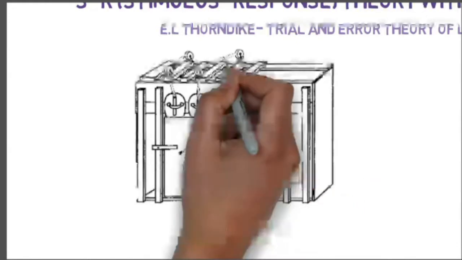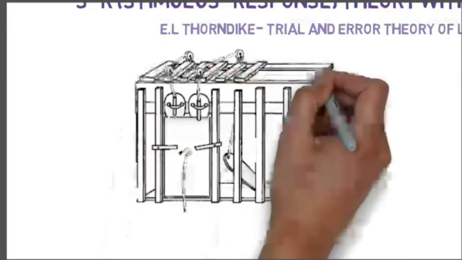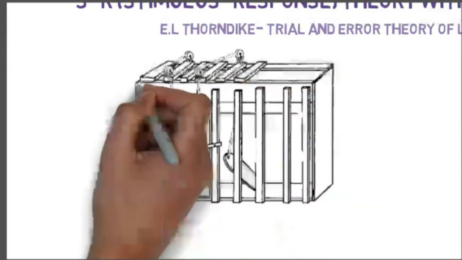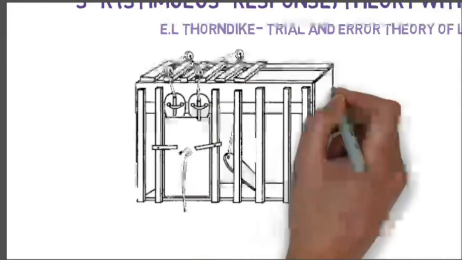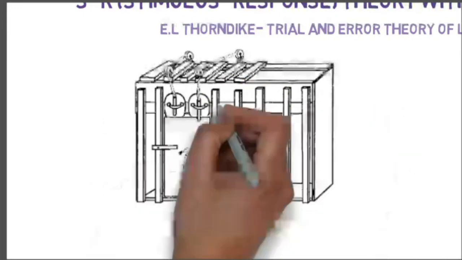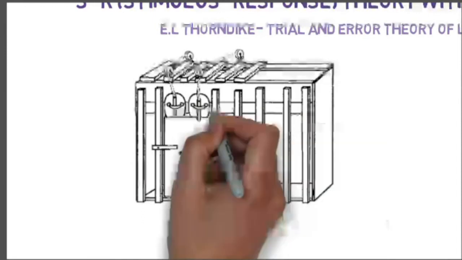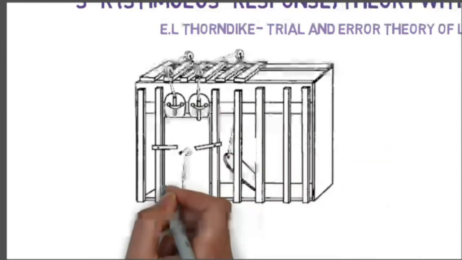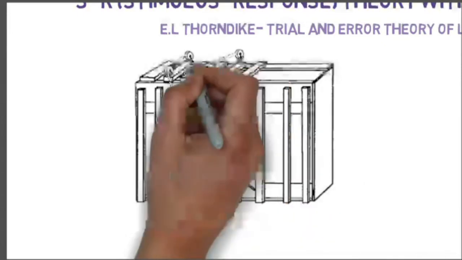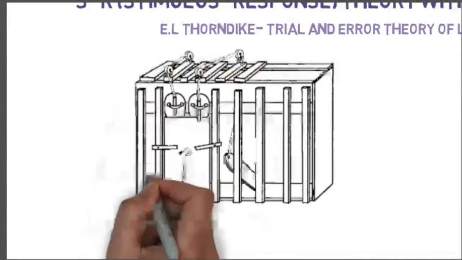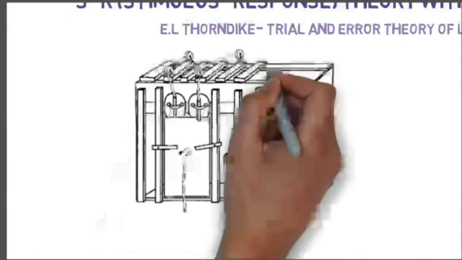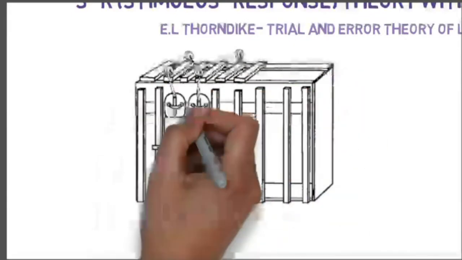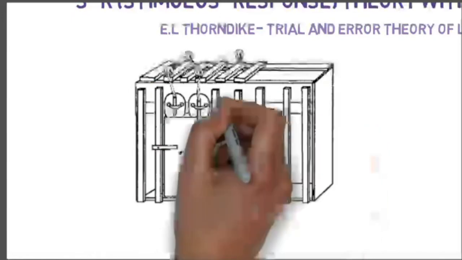The cat made random movements inside the box, indicating trial and error type of behavior. Biting at the box, scratching the box, walking around, pulling and jumping, all in the effort to get out and get to the food. Now, in the course of her movements, the latch was manipulated accidentally, and the cat came out to get the food.